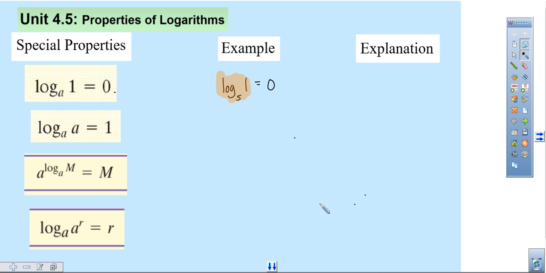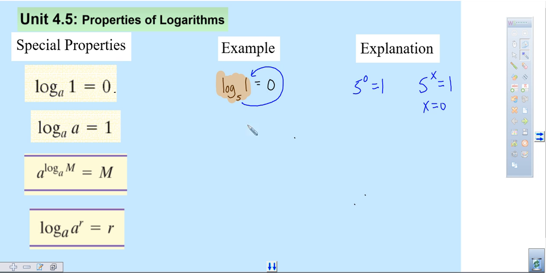The reason that works is we take this from log form to exponential form: 5 raised to the 0 power is 1. Essentially we're saying 5 to what power would be equal to 1, so x would have to be equal to 0. That's why this is equal to 0.